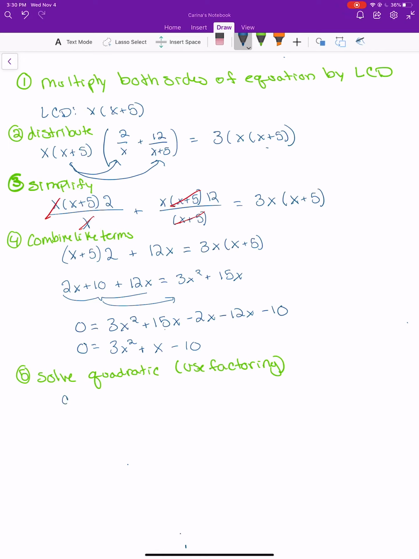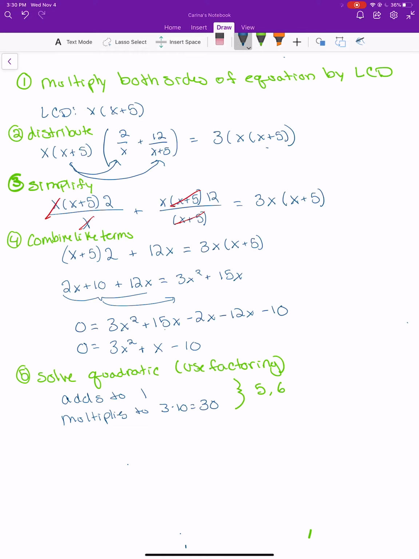So we need something that adds to 1 and multiplies to 3 times 10, which equals 30. And that will actually be 5 and 6, the numbers that we're looking for here.